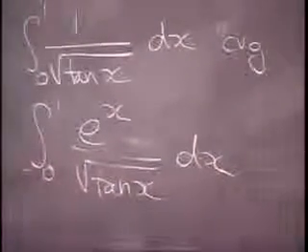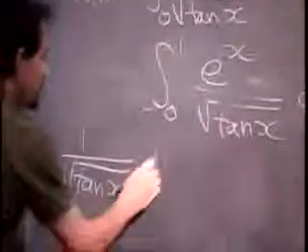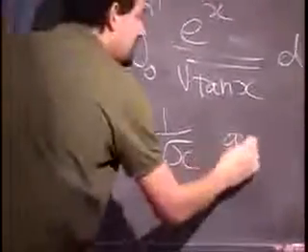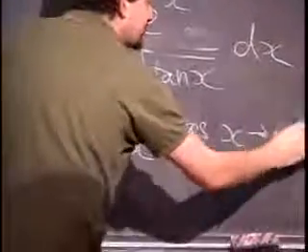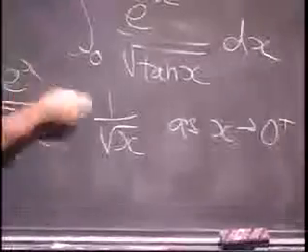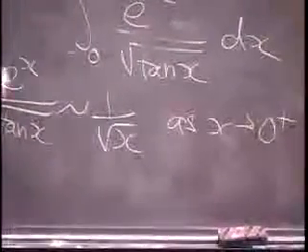Well, the previous solution said 1 over root tan x behaves like 1 over root x. That's what we did before, at least as x goes to 0 plus. Now we have an e to the x, but e to the x behaves like 1.